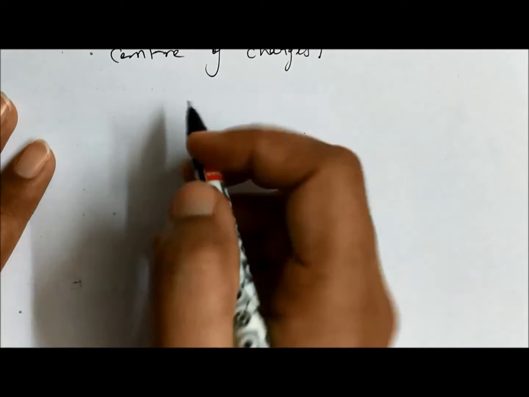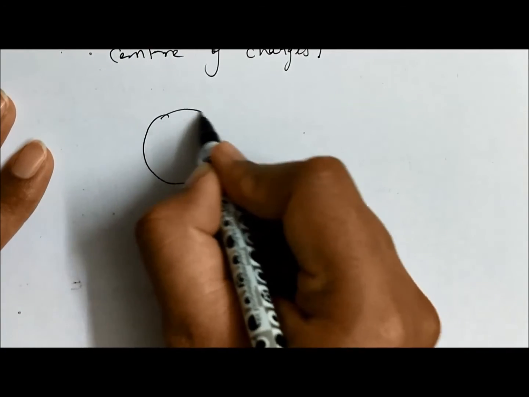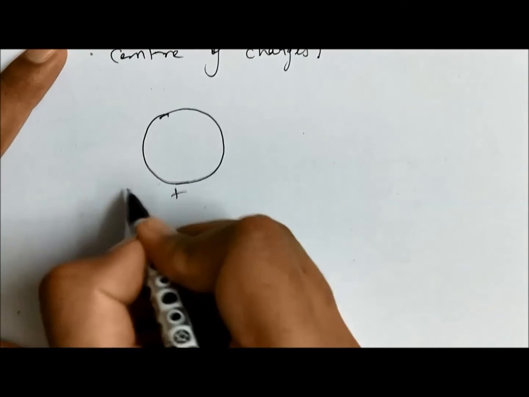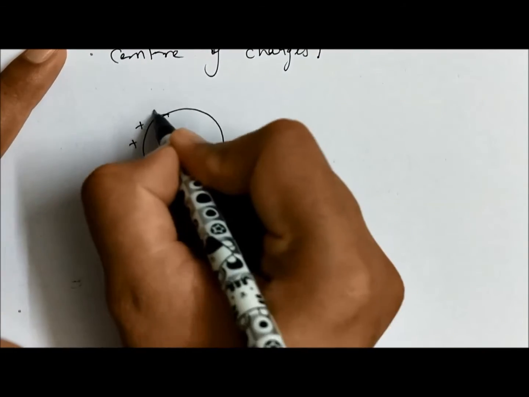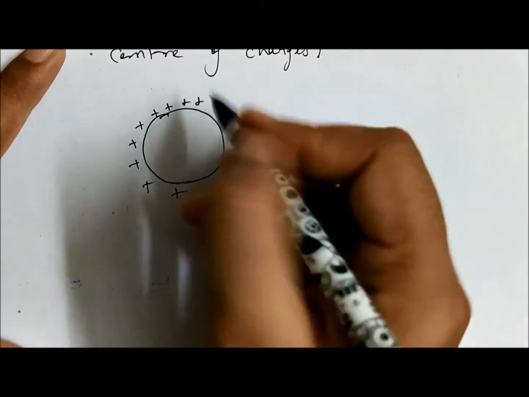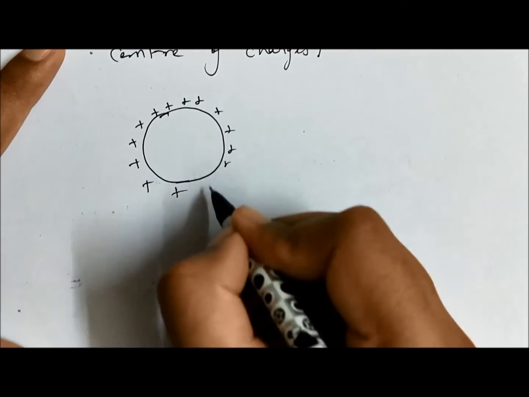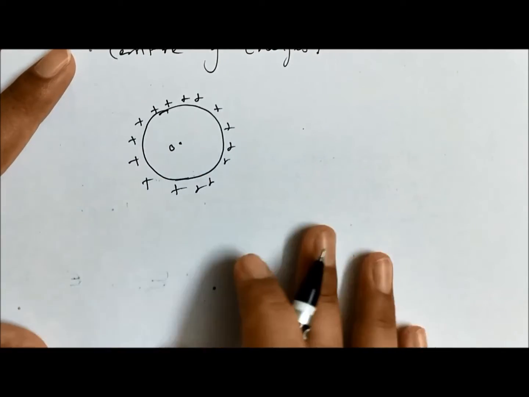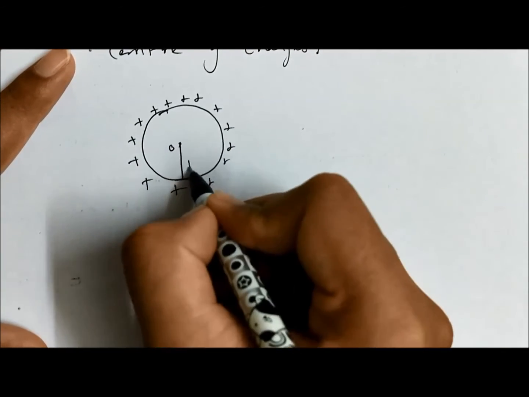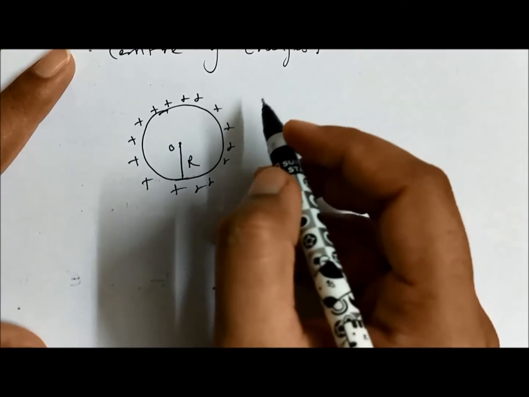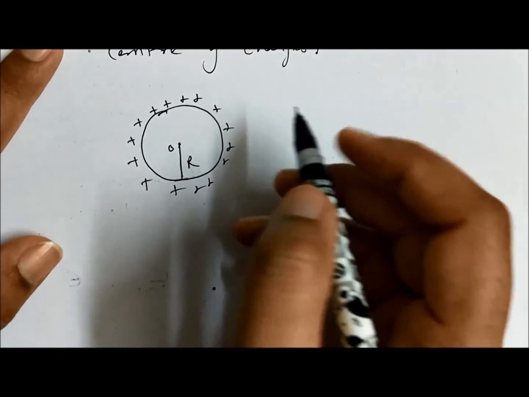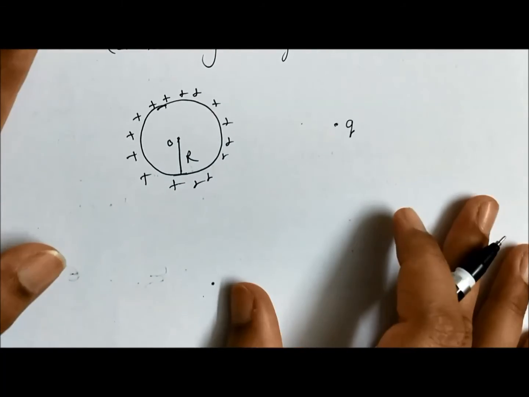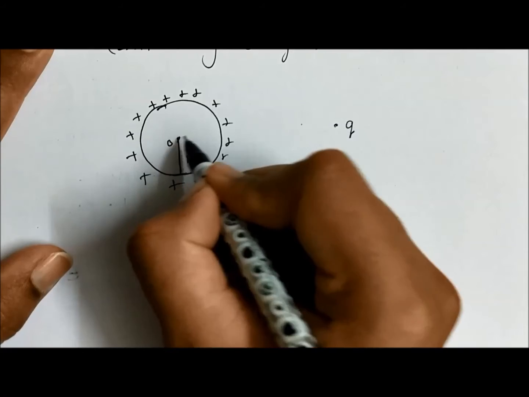Let's suppose there is a system, a sphere, the center of the sphere is O, and the distance from this to the charge is R. Let us suppose that we have considered a charge here and the distance between the center and this charge is r.